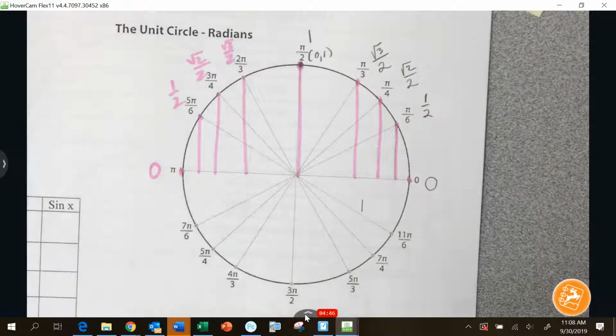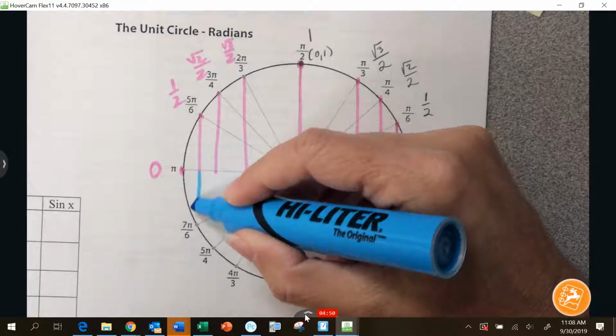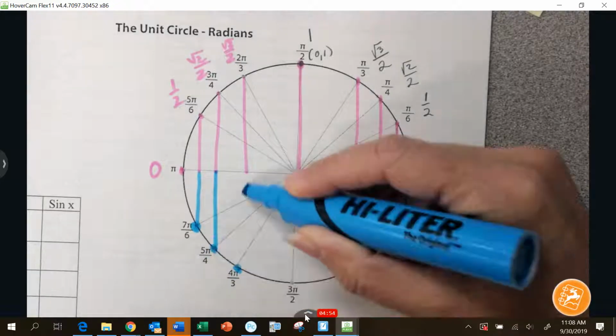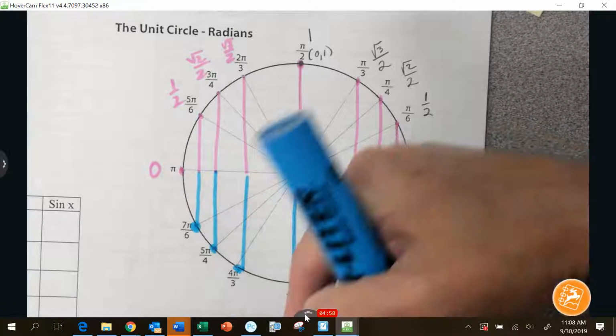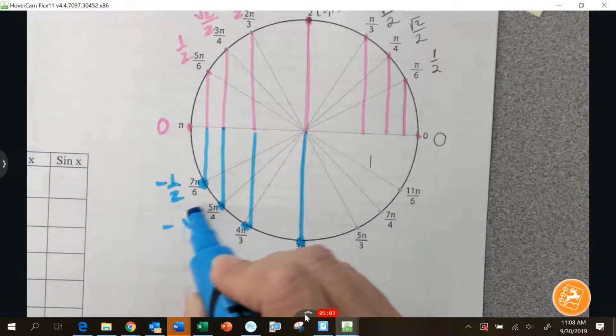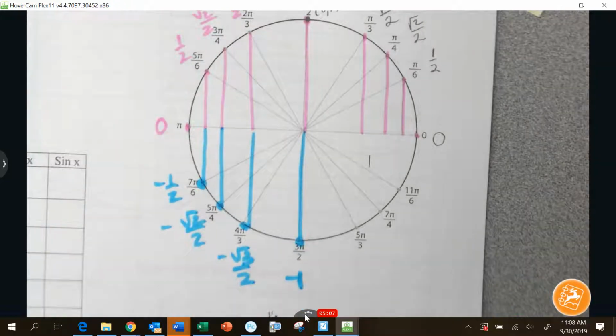Once we pass pi, what does my y value do at 7 pi over 6? It's getting bigger and bigger, but what's different about it now? It's going down, it's negative. So we've got negative a half, negative radical 2 over 2, negative radical 3 over 2, negative 1.